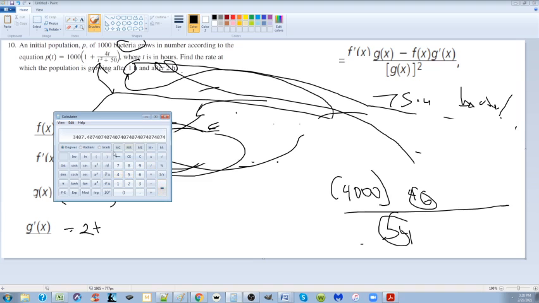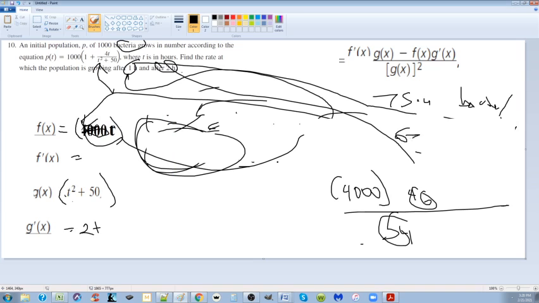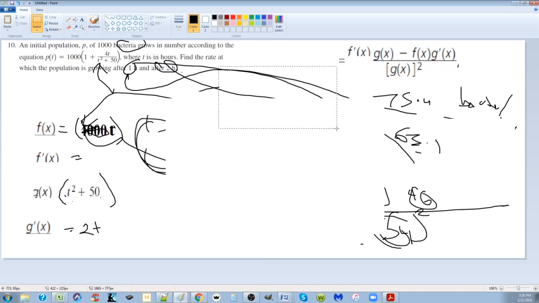And I get the wrong answer, so try that again. I take 4,000, multiply it by 46. Oh, I forgot the square. Divided by 54 squared. 63.1. Remember, this is squared down here. You can see how many mistakes you can make when you don't write it down.